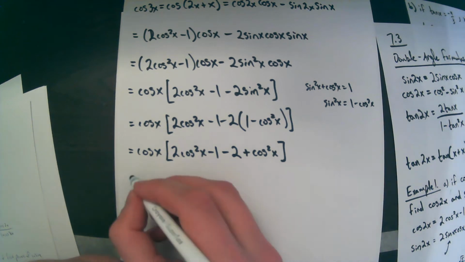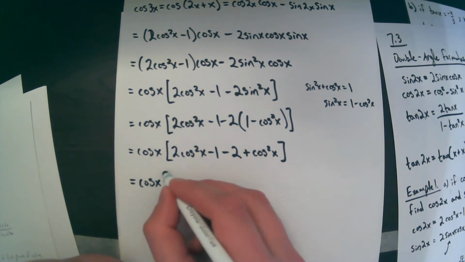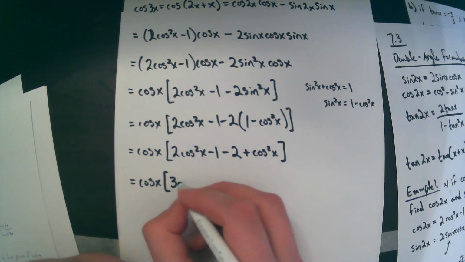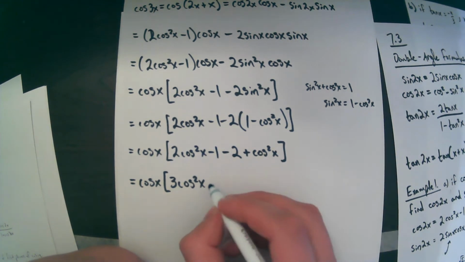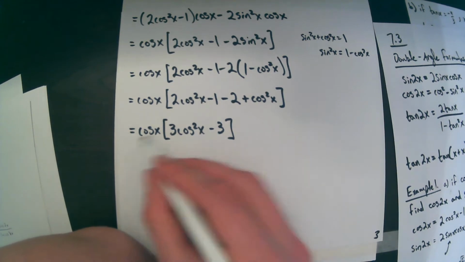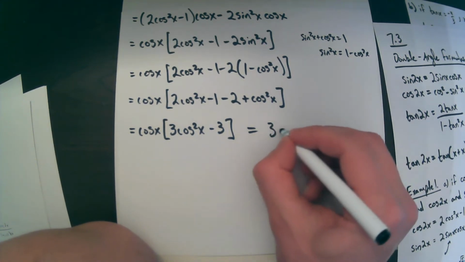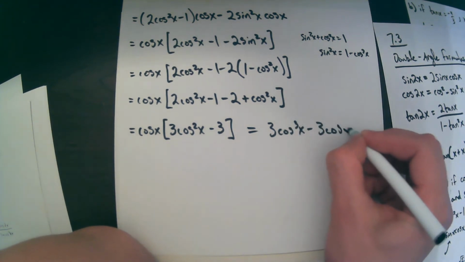Okay, and getting cosine x times 2 cosine squared x plus cosine squared x is 3 cosine squared x. And then minus 2 minus 1, that's minus 3. And there we go, it's all in terms of a cosine now, and I can go ahead and distribute and say 3 cosine cubed x minus 3 cosine x.